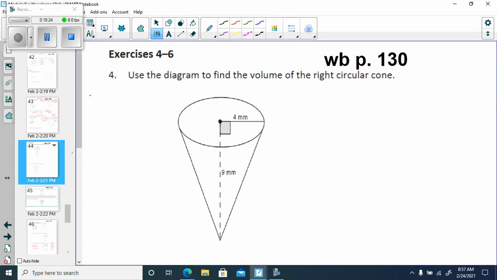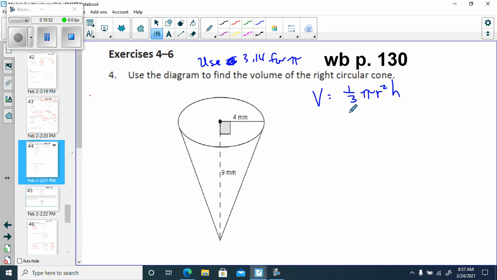Let's find the volume of this cone. And on this one, we're going to use 3.14 for pi. Okay, our volume for our cone is 1/3 that of a cylinder, pi r squared h.